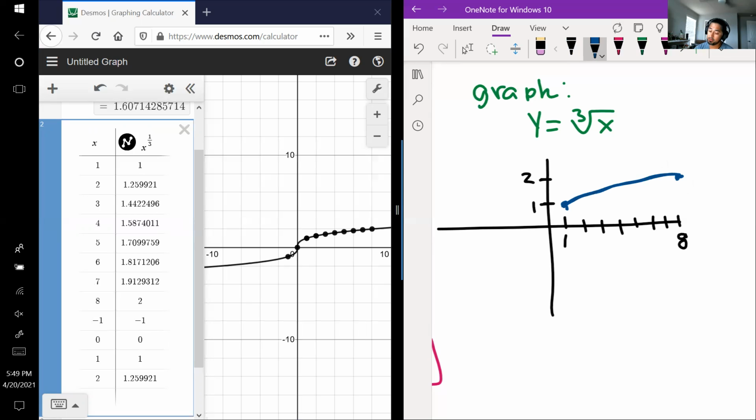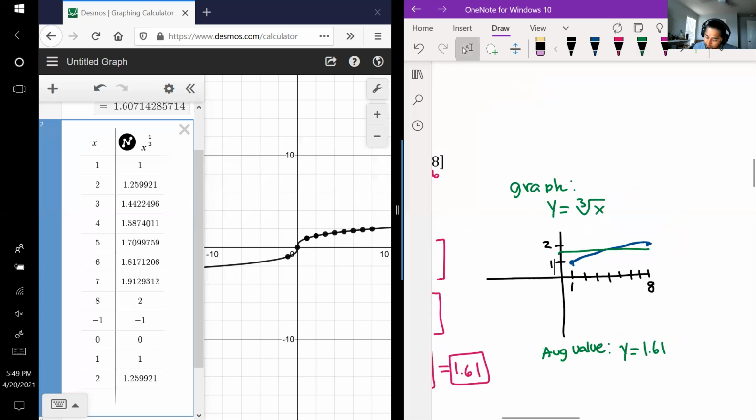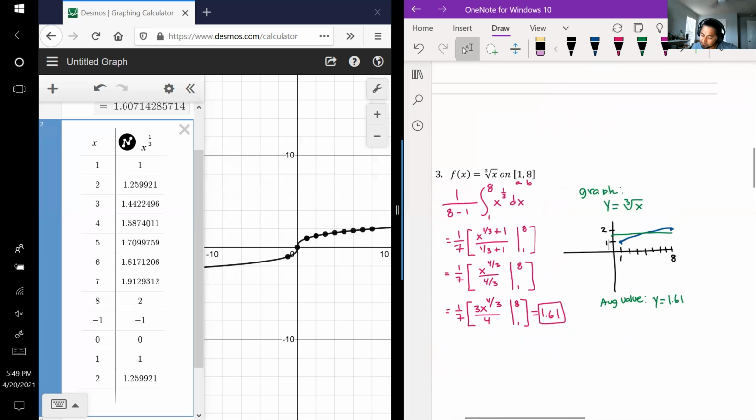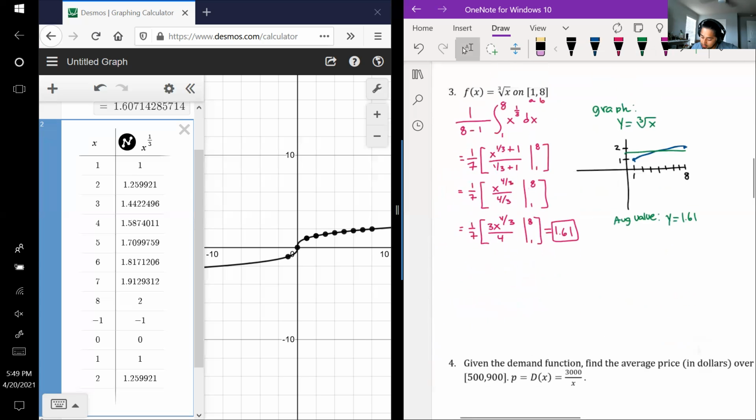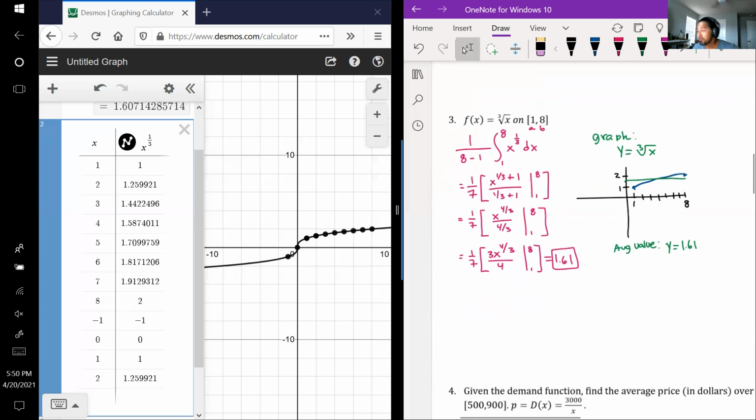And then all that's left is graphing the average value, which is y equals 1.61. And that's going to be, we'll just place that a little above the middle between 1 and 2. And there we go. There's our average value line. Okay. And I don't think any more graphing after that.